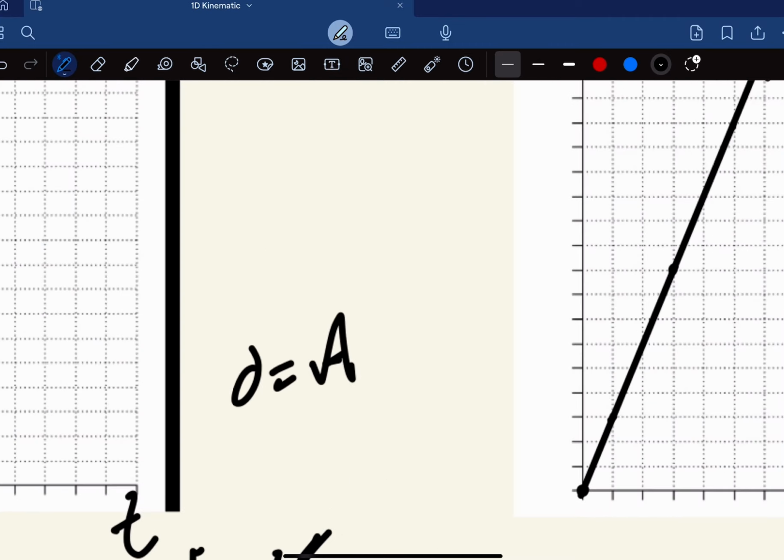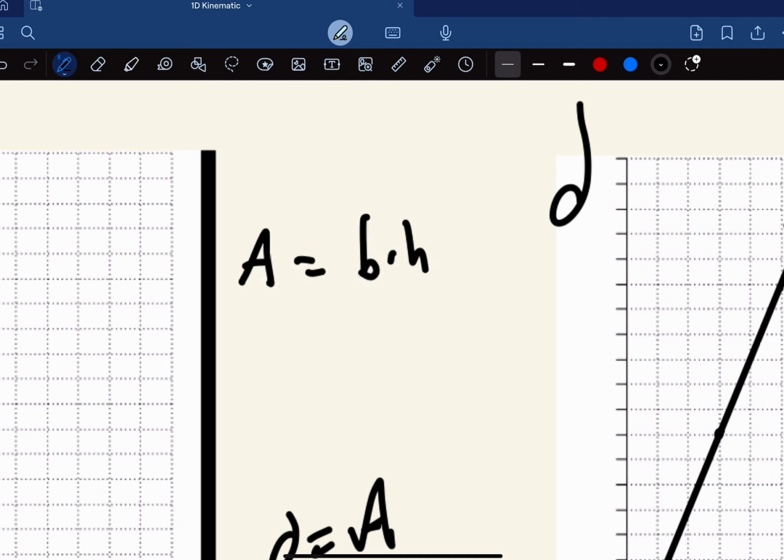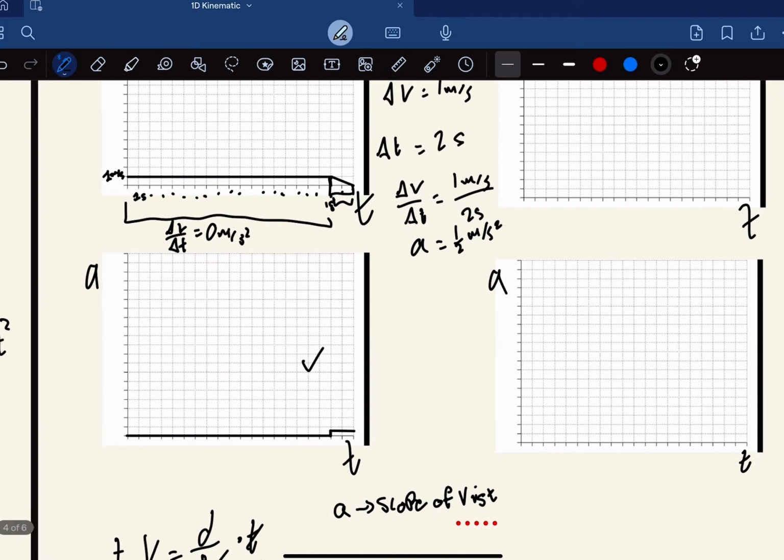So we know the area of a rectangle is base times height: area equals 18 seconds times 1 meter per second, which equals 18 meters.